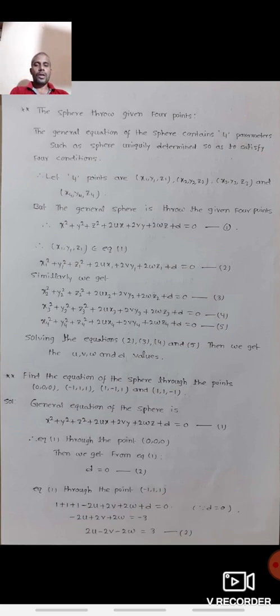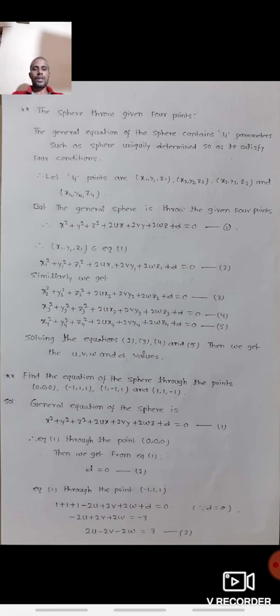Now here I am taking 4 points: (x1, y1, z1), (x2, y2, z2), (x3, y3, z3) and (x4, y4, z4). The general sphere equation is passing through the given 4 points. So the general equation of the sphere is x² + y² + z² + 2ux + 2vy + 2wz + d = 0.